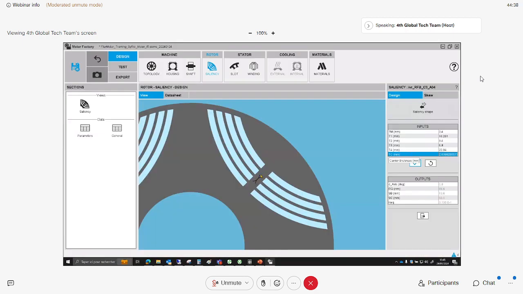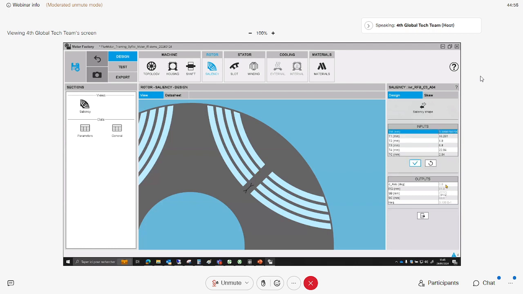Then we said that here maybe we have to put 1 millimeter at least maximum, and what is it?